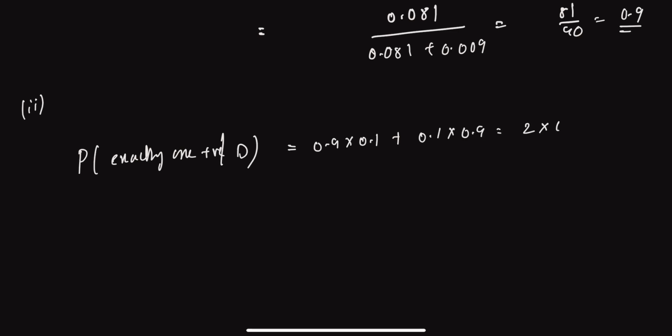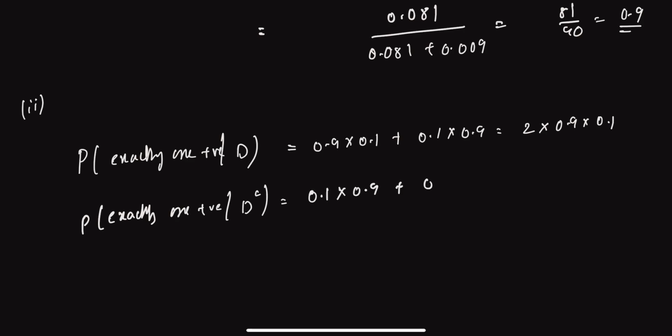So 2 into 0.9 into 0.1 is the probability of exactly one test being positive given the person has the disease. Similarly, the probability of exactly one positive given the person doesn't have the disease is 0.1 into 0.9 plus 0.9 into 0.1, which is 2 times 0.9 into 0.1.